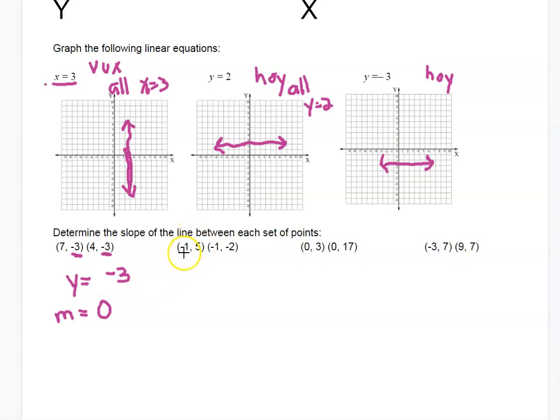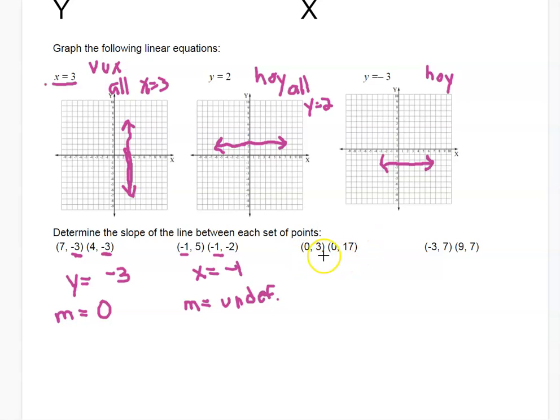Here, you can see negative 1, 5, and negative 1, negative 2. Well, the x's are the same, okay? So the equation for this line would be x equals negative 1, and the slope is going to be undefined. Okay, I'm going to abbreviate it there.